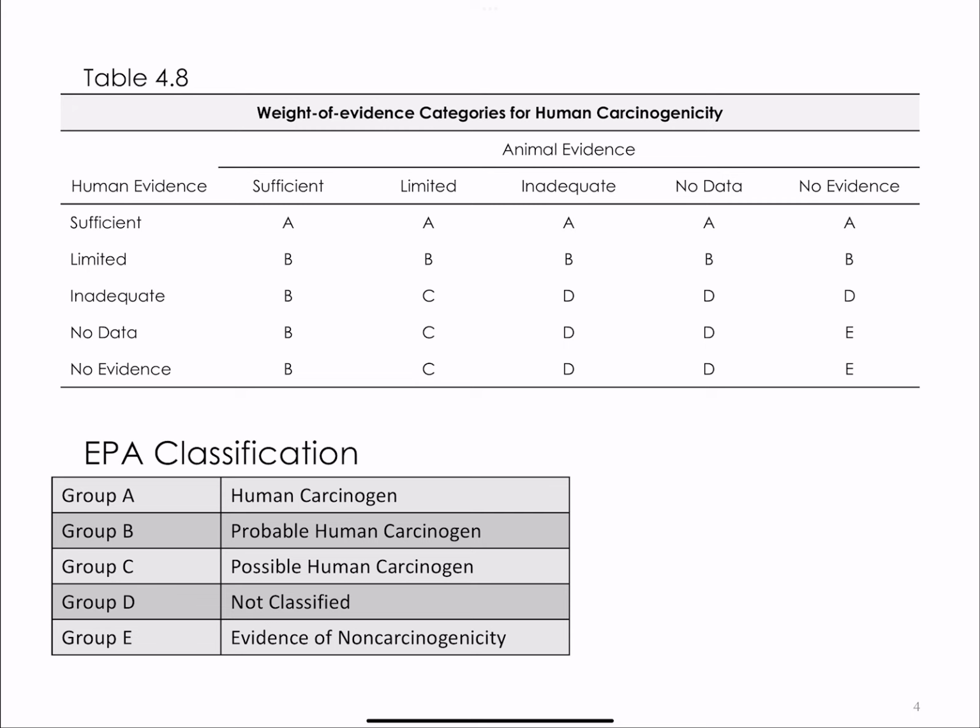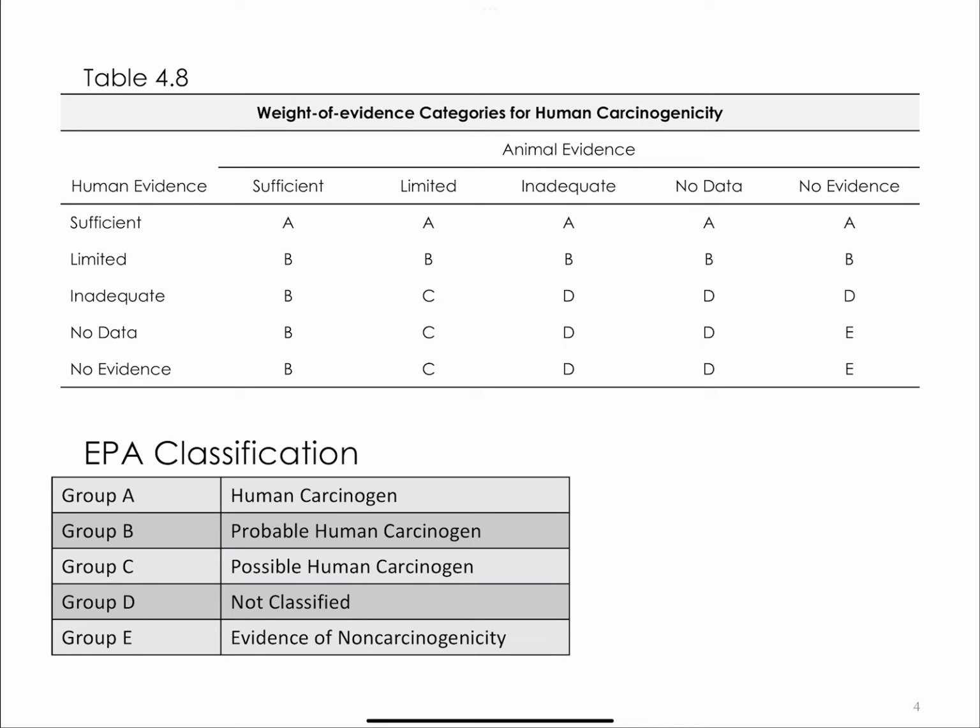When we have sufficient evidence from animal experiments, even though we have 100% evidence showing that a certain chemical should be classified as a carcinogen, if we don't have enough human evidence, like in the second line of the first column, when we have limited human evidence, then it is classified as a probable human carcinogen, right?